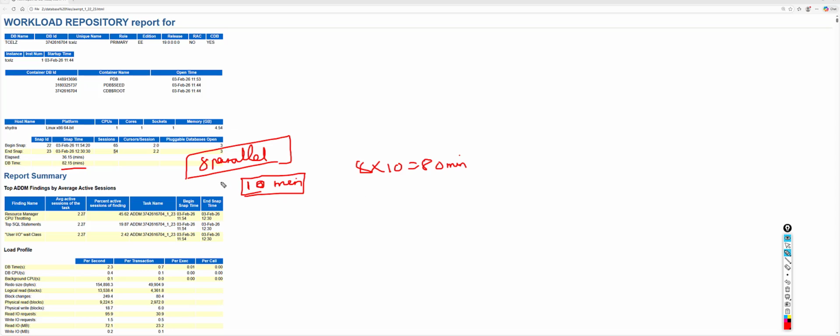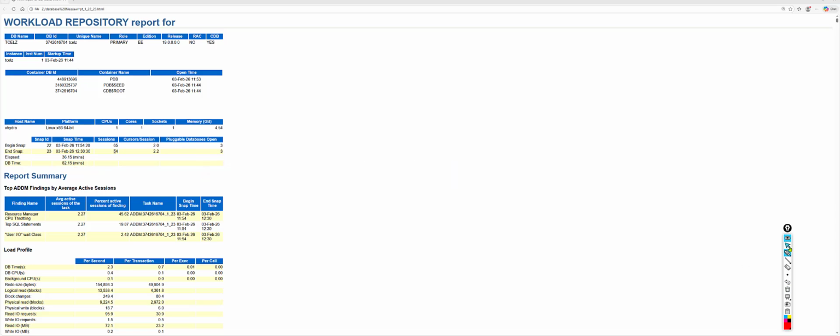But all the parallel servers were working in parallel, so the work would have been completed in 10 minutes. But if you multiply the time taken by each parallel server, it becomes 80 minutes. So similarly, this DB time would have been calculated here. I'm just giving you an example, but this 82 minutes may have been shared by multiple sessions. It may be 8 parallel servers, or some other number, but this is how Oracle will calculate the DB time here.